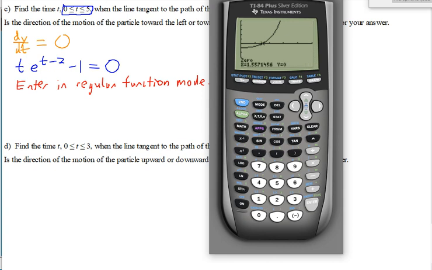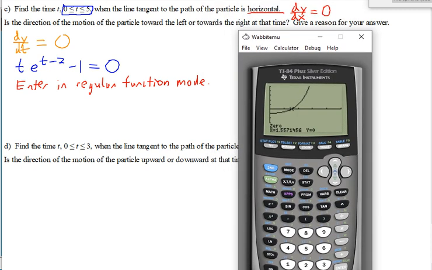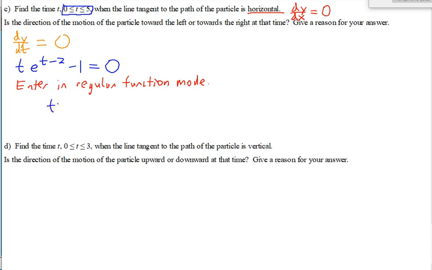So, let's find the time. That's our first objective here. It's at 1.557. So that's our first answer for when the tangent line is horizontal. But what we want to figure out is the direction of the motion of the particle, towards the left or toward the right at that time.